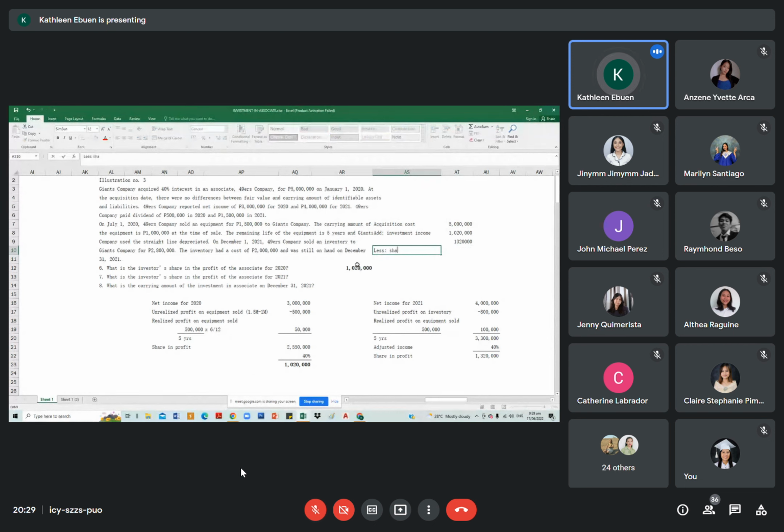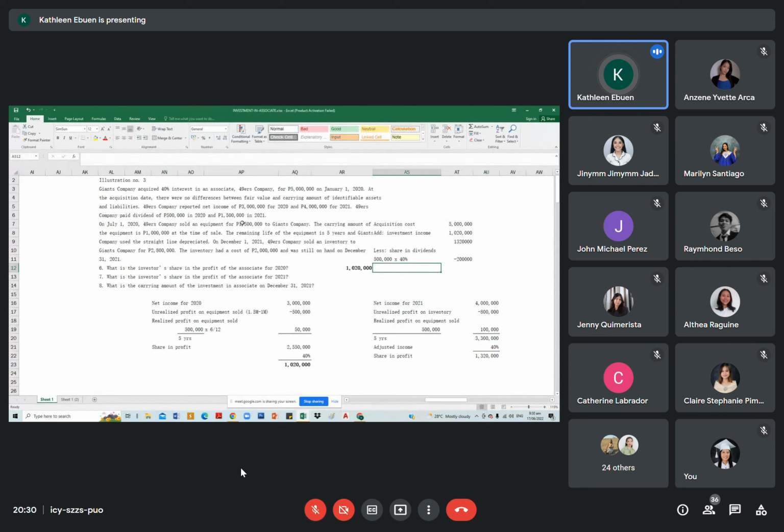So, less natin yung share in dividends. So, 500,000 na dividends times 40%, magkano yan? 200,000. Ibabawas natin yan, of course.